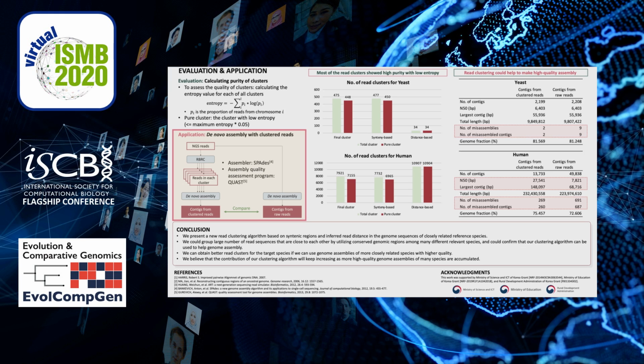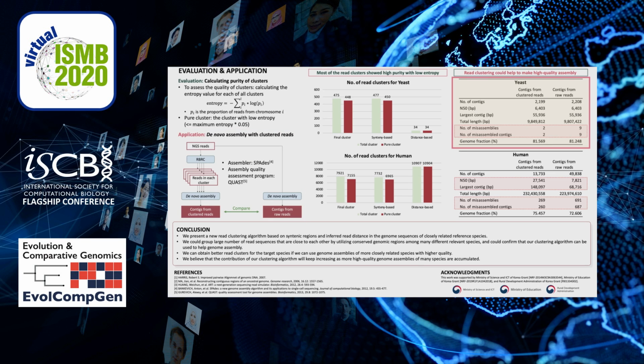Finally, we tested the applicability of our clustering algorithm for de novo genome assembly. Using the clustered read sequences of the yeast and the human datasets mentioned before, the SPAdes assembler was used to make contig sequences. The generated assemblies were then compared with assemblies generated without utilizing the cluster information by using the QUAST program.